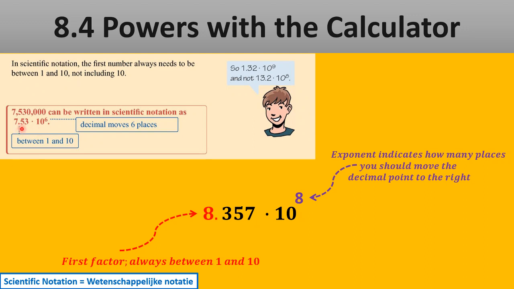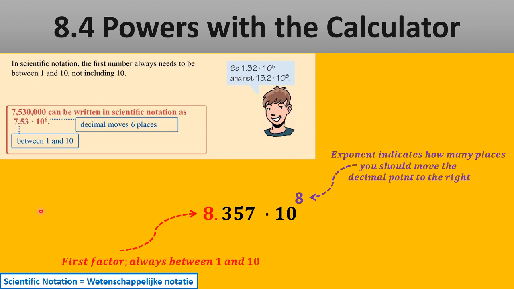I move it 2 spaces to the right, then I have 4 places left, and I go 4 more steps to the right, and then I find my 4 zeros. This is very strange when you first start doing this without proper practice. So I think it's more important to just take a look at the rules. There are some exercises where they just ask you to write in scientific notation, or vice versa.